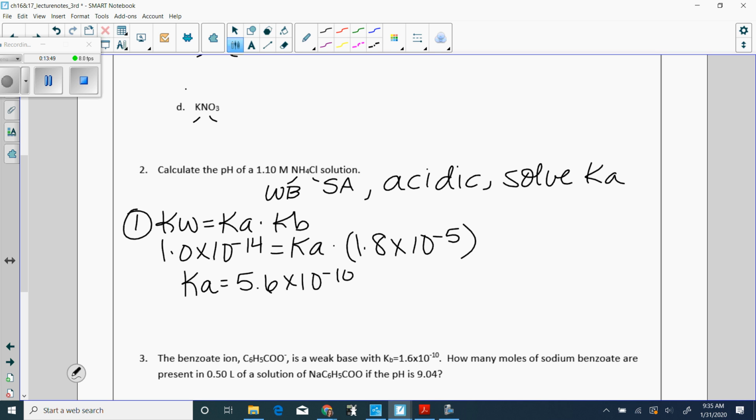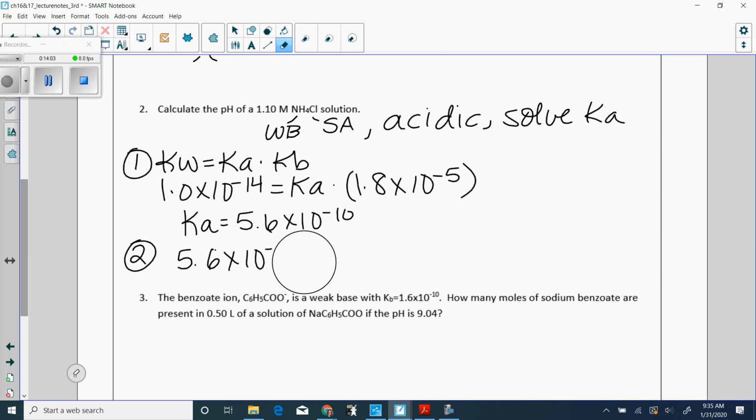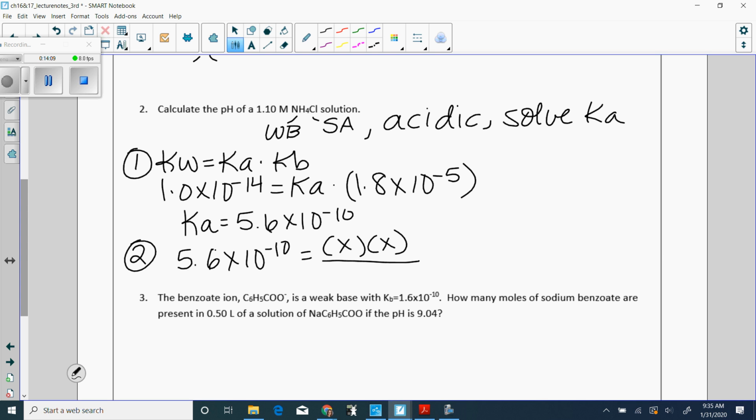And now I can do my Ka math. My Ka math is just like, I take my Ka equal to x times x over my initial, which is 1.1 minus x. Remember, negative times so teensy.